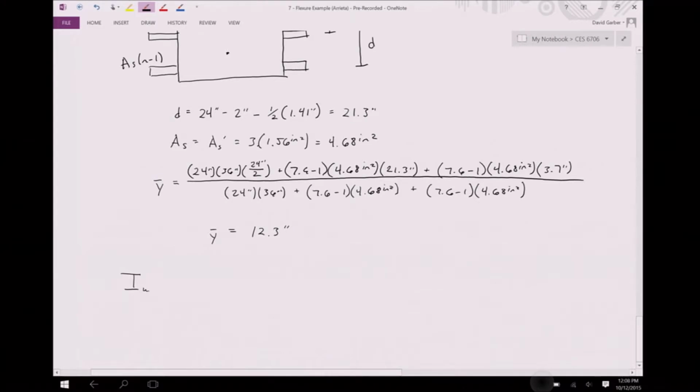So our I uncracked transformed is going to be the summation of all of our bh cubed over 12s plus area times d squared. So this is the parallel axis theorem.